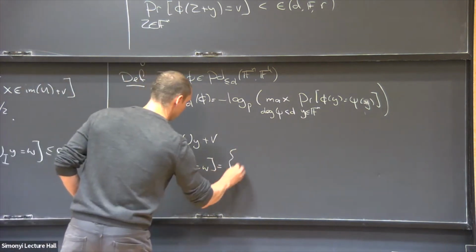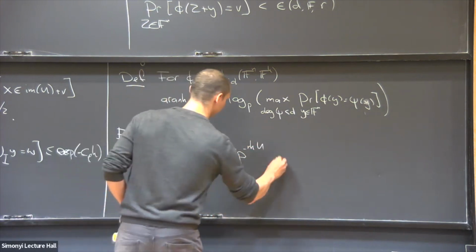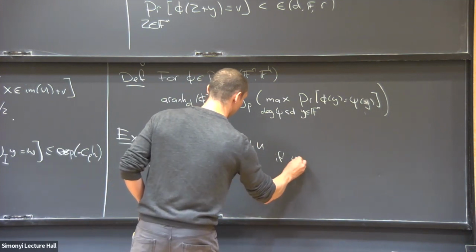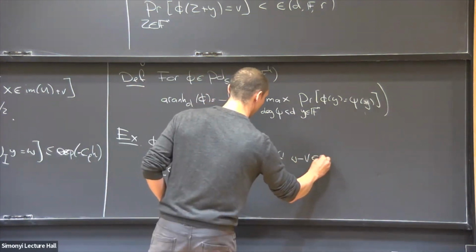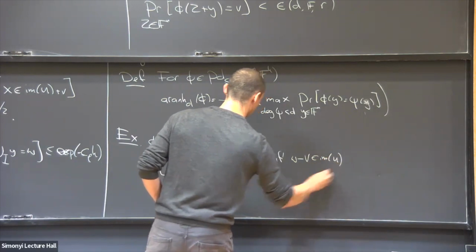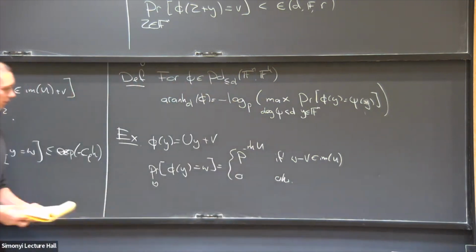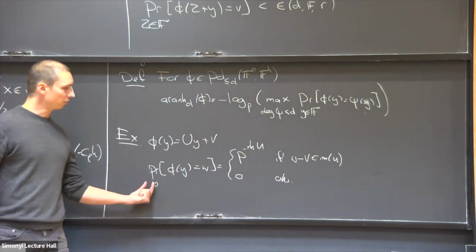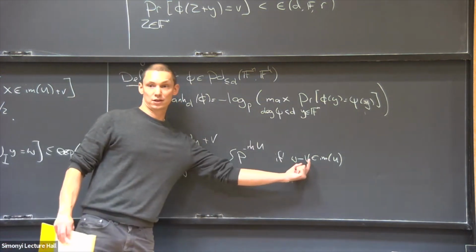That probability is exactly p to the minus the rank of U if the difference of W and V lies in the image, and it's 0 otherwise. Okay. So to maximize this probability, we should choose W so that this difference lies in its image.